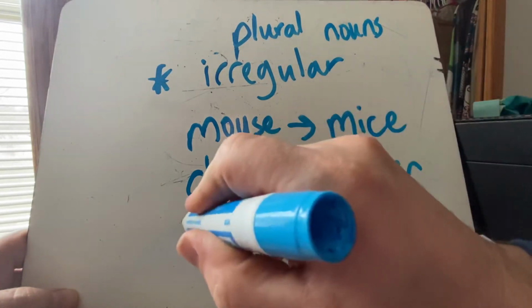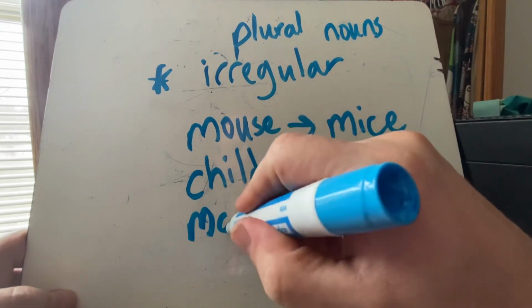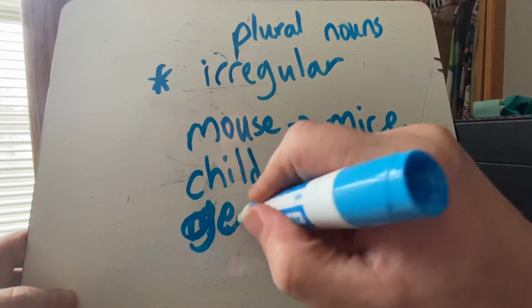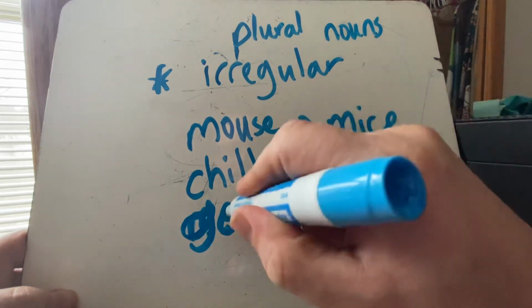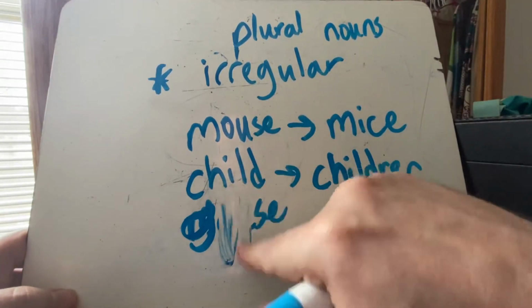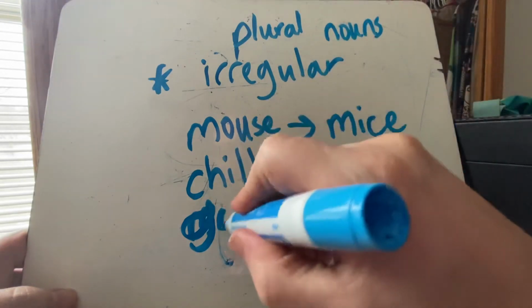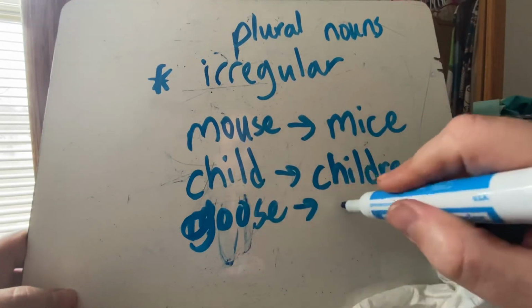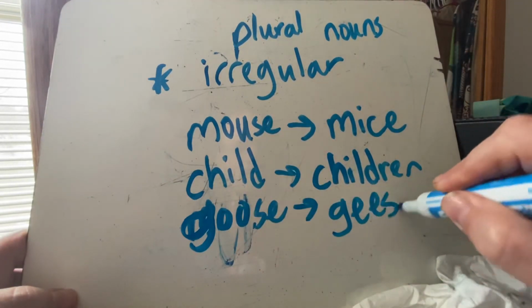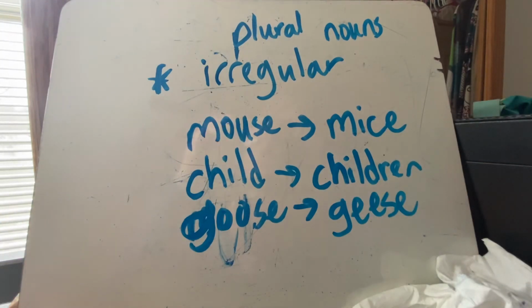Children. And then we have some like, let's do geese. Or actually, sorry. Getting ahead of myself. Goose becomes geese. Okay. So sometimes we have to think, if we say it with the S or an ES at the end and it doesn't make sense, it may be that it's irregular and we need to change the whole thing.